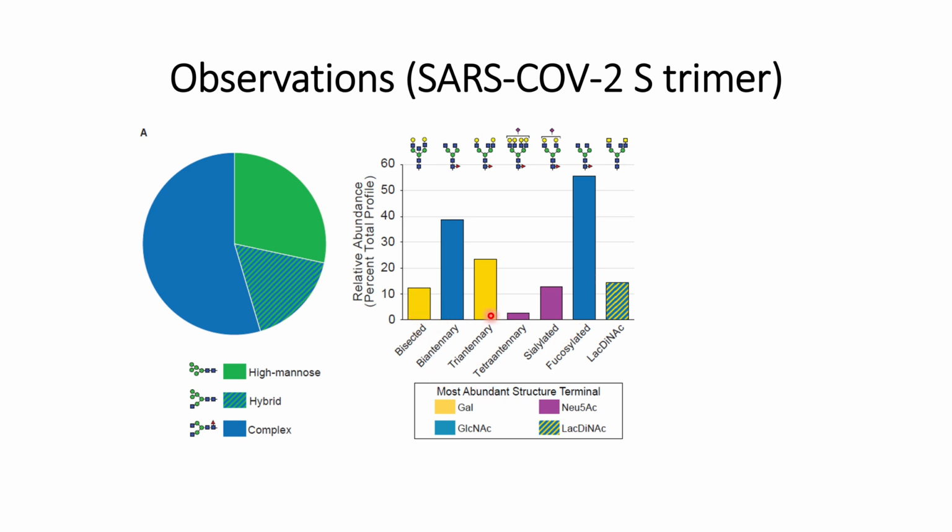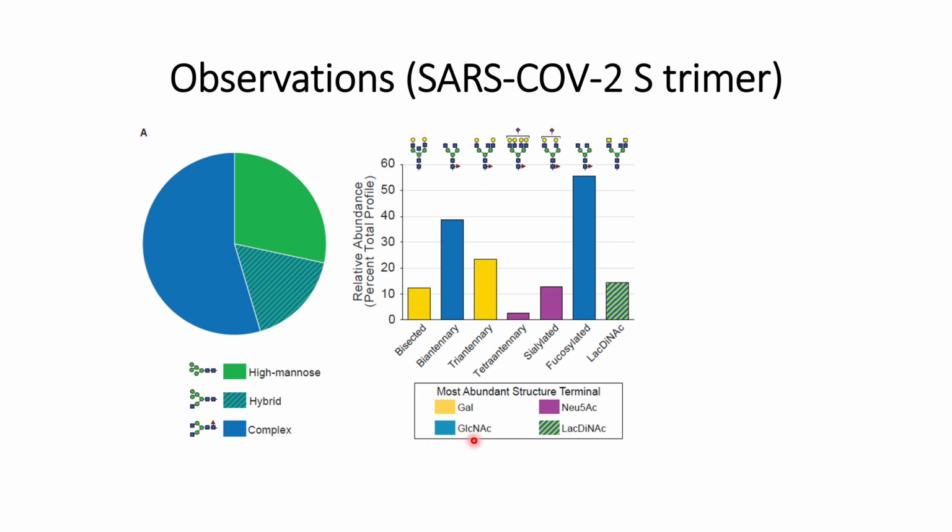This color also represents the terminal end of the glycan, and we can also see the terminal end in the glycan structure on the top of this bar graph.